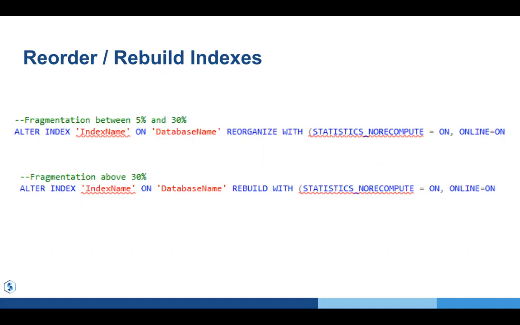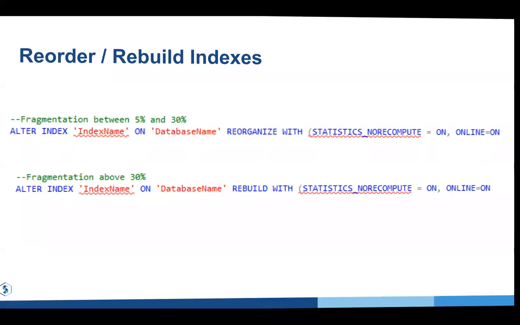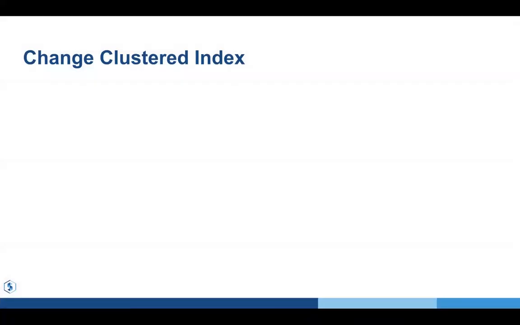So one of the reasons we have high fragmentation on our tables, on our indexes, is that when we created the tables, by default our cluster index was created over our primary key. It's not always a good idea to have this.